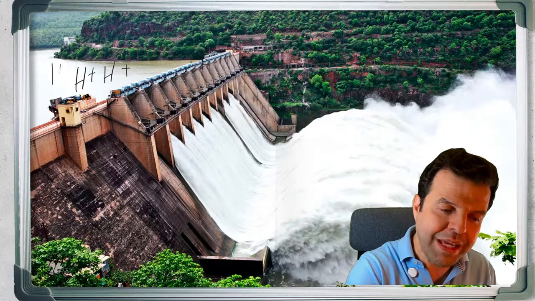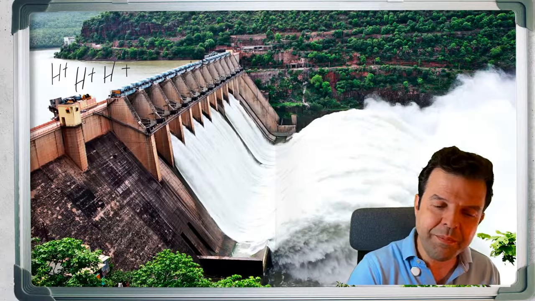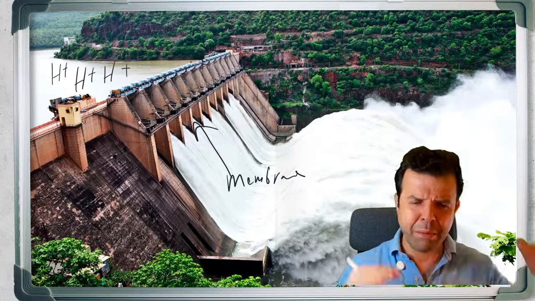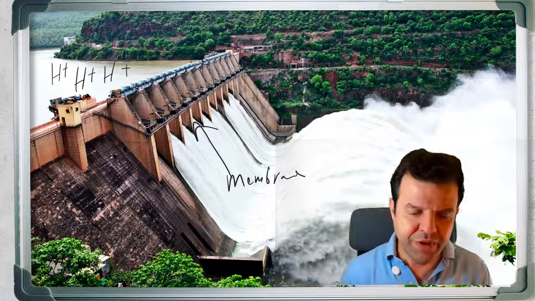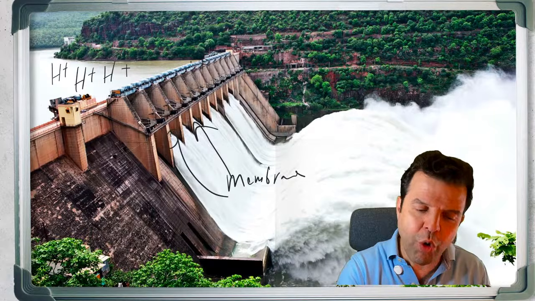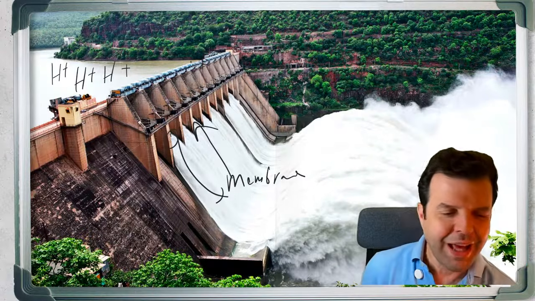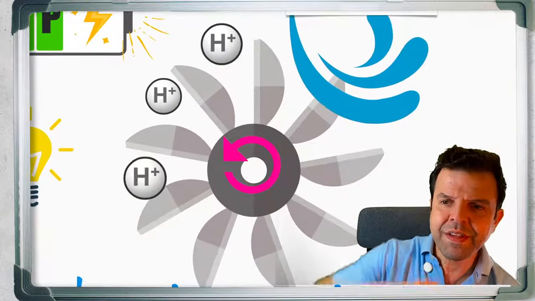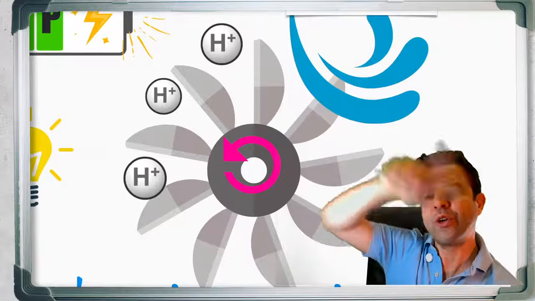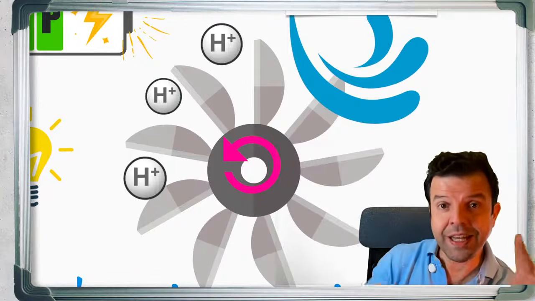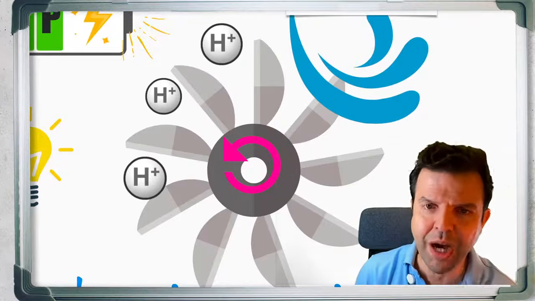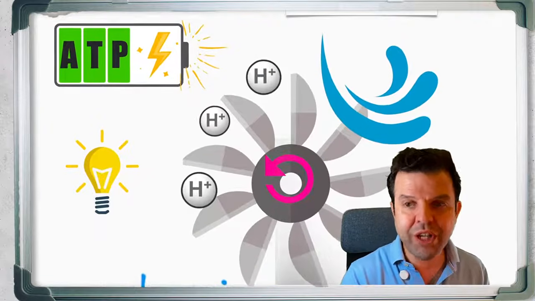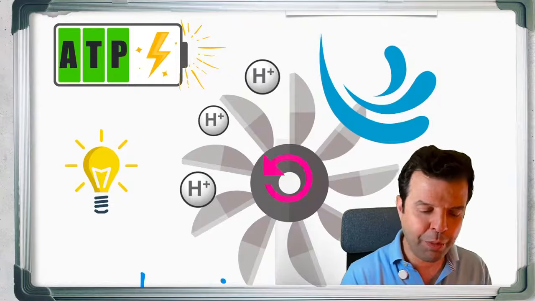I'm accumulating them like this behind the membrane of the thylakoid. Okay, accumulate them, build them up, and eventually I will let them flow out from a tiny hole. As they flow down, they will turn some sort of a turbine. It's literally a protein turbine like this that you have in the membrane. And instead of generating electricity, it will generate ATP for me.